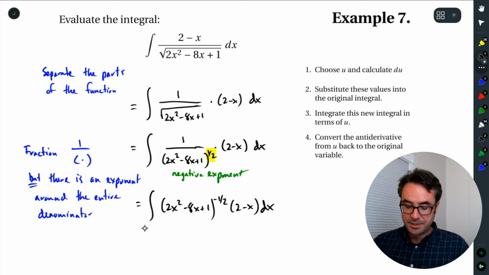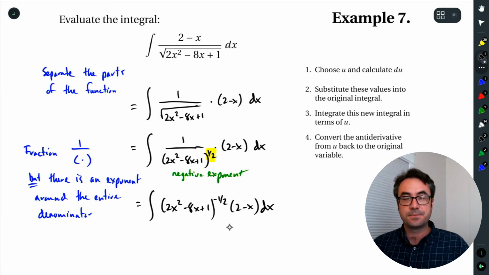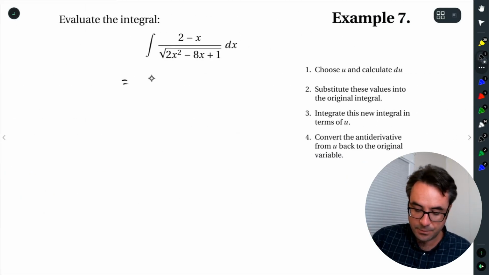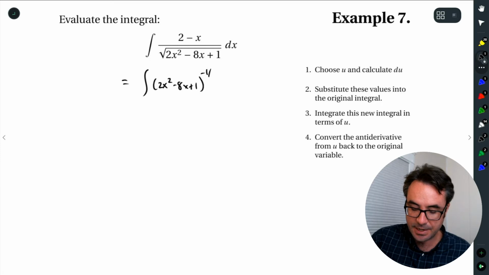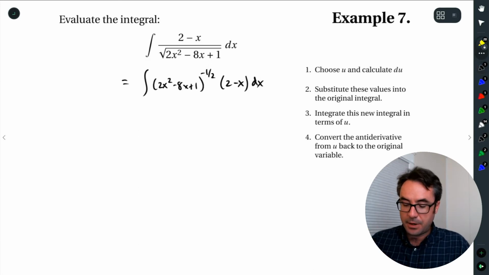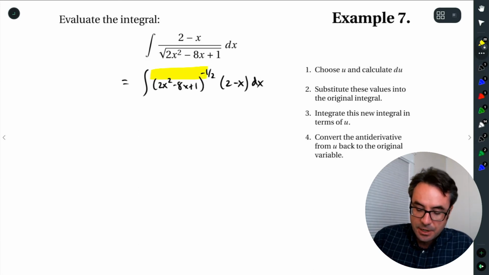So now that we've rewritten this, let's go through the integration. We have it rewritten as 2x squared minus 8x plus 1 raised to the negative 1/2 power times 2 minus x dx. And we normally start with the more complicated of the pieces.